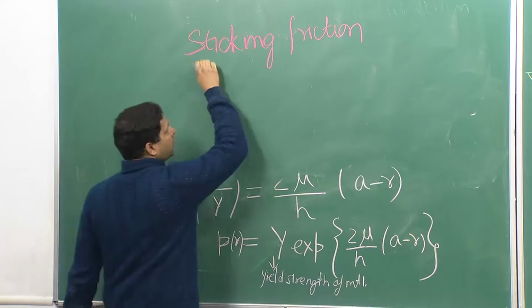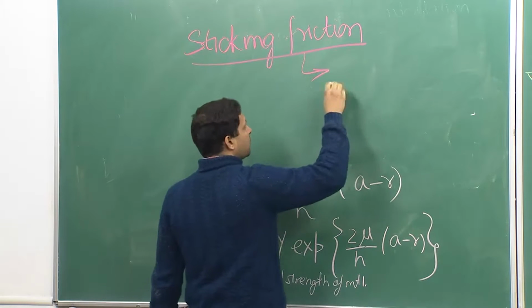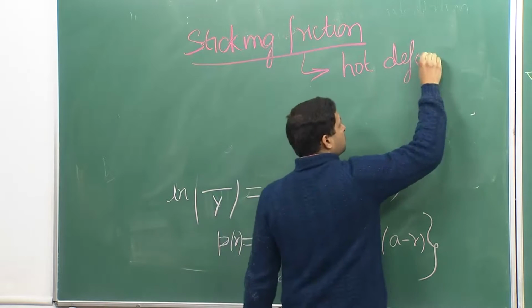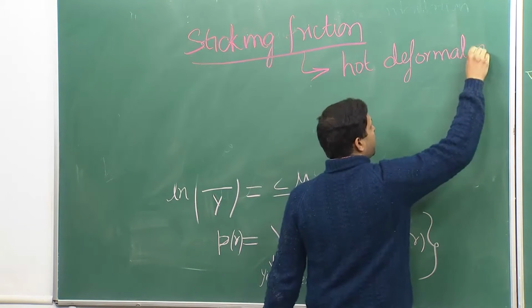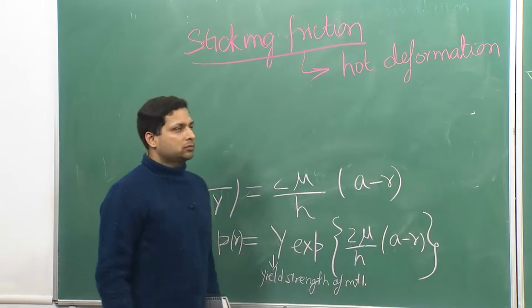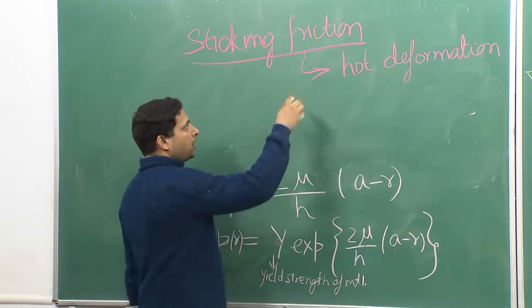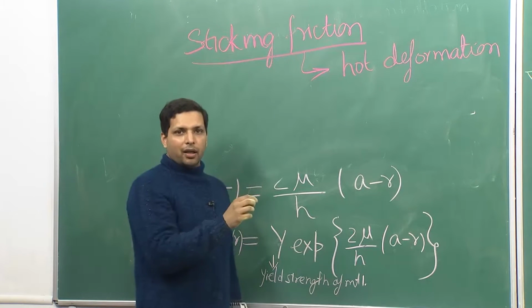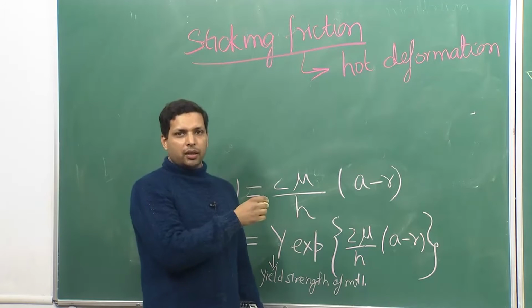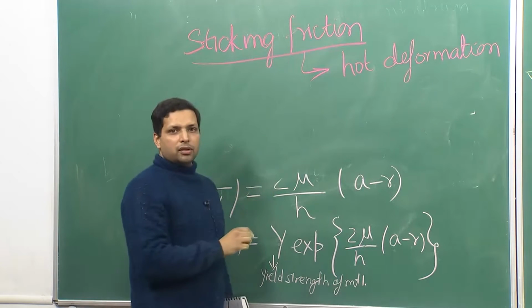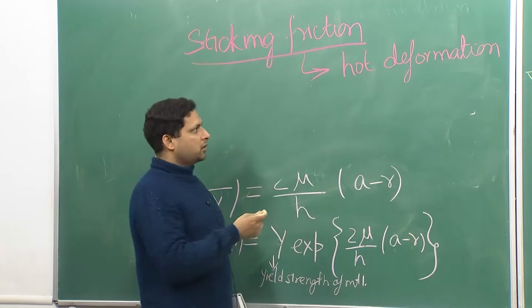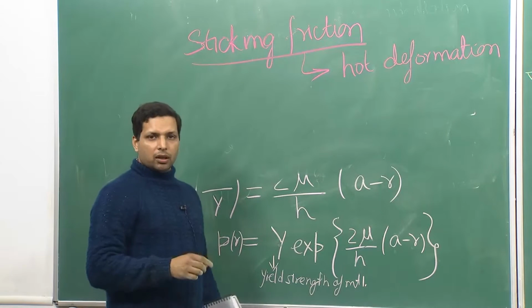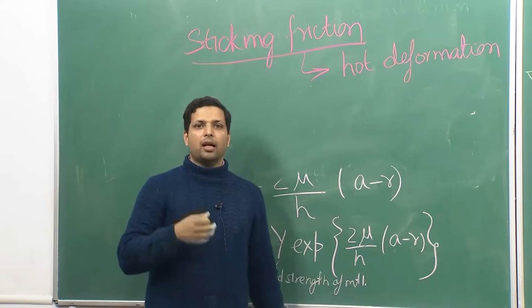This sticking friction in metalworking is used particularly in hot deformation conditions, meaning no sliding takes place. Compare it with the writing of the chalk. That particular chalk powder remains stuck over there, it is not sliding. If it were sliding, then I would not have been able to write anything. So, writing on the board is similar to the sticking friction that we have, and it is similar when we are talking about hot deformation. There will be no sliding when you are trying to deform at higher temperatures.